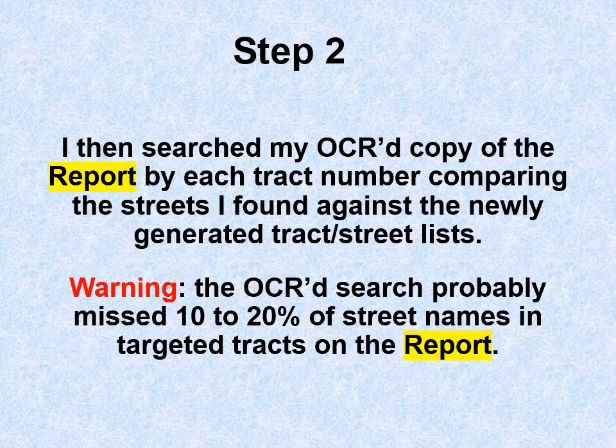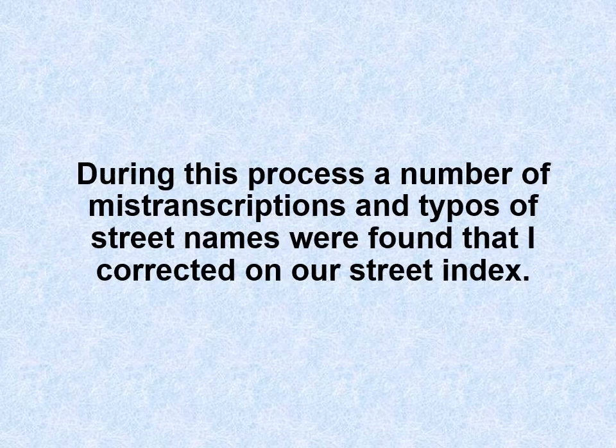So it's not complete. I didn't go through it with a fine-tooth comb, but well enough to pick up missing streets. During this process, a number of mistranscriptions and typos of street names were found that I corrected on our street index. So that part was really good. It improved the quality of our street index quite a bit.